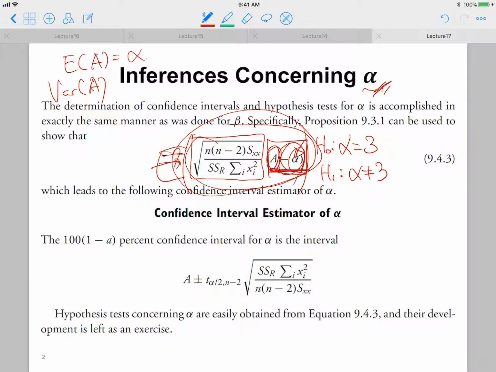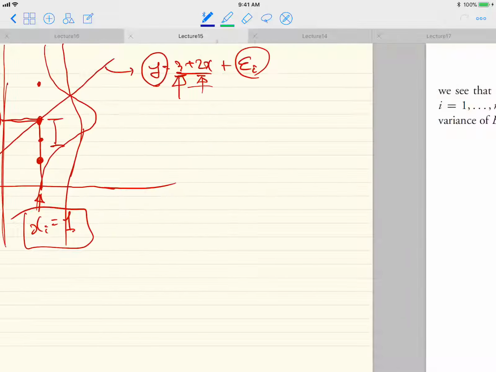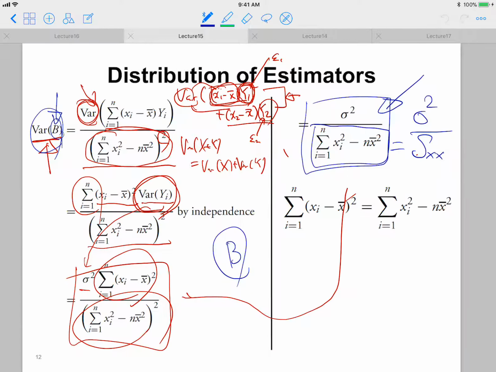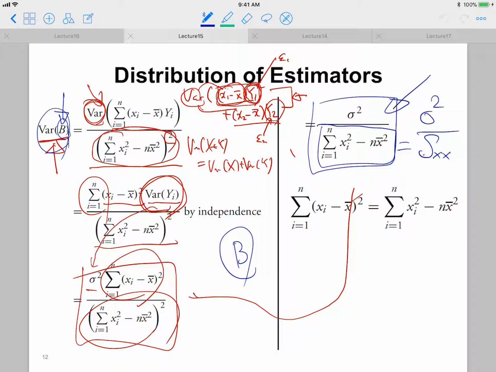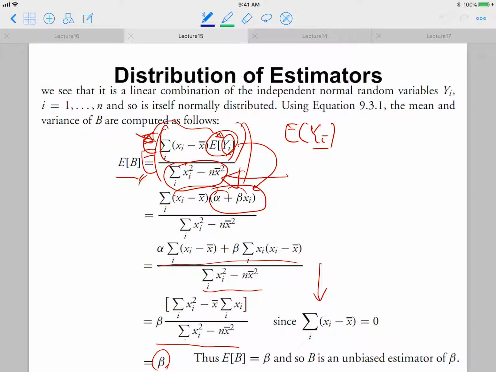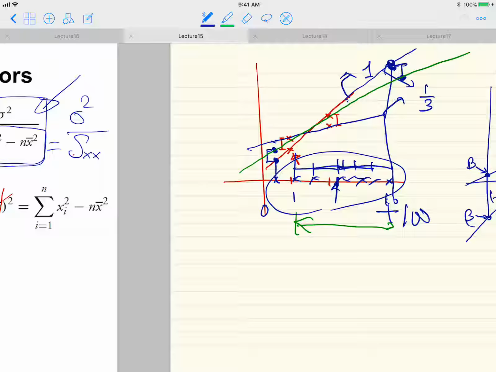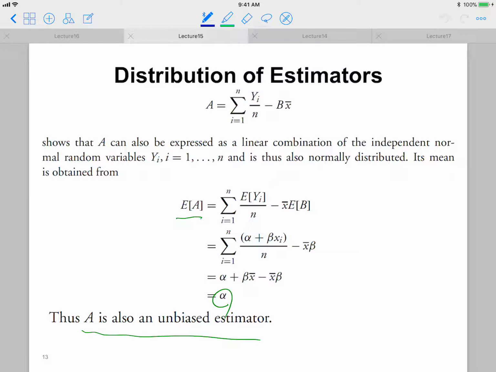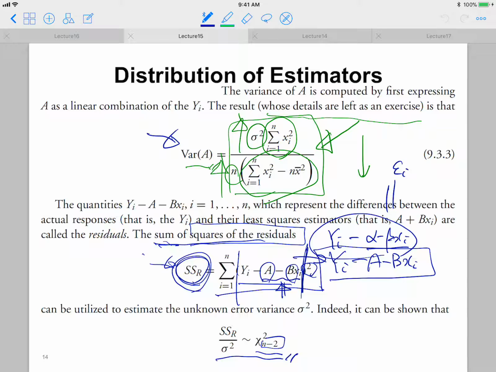And then let's go back to something that we didn't prove. If you remember this lecture, we studied the expectation value of B and the variance of B, and similarly the expectation of A and the variance of A, although we didn't prove that, which was left as an exercise for you.